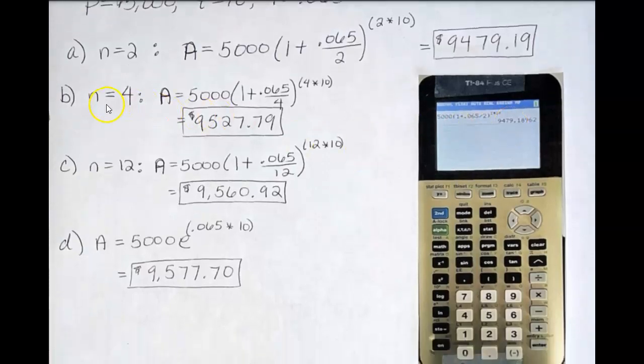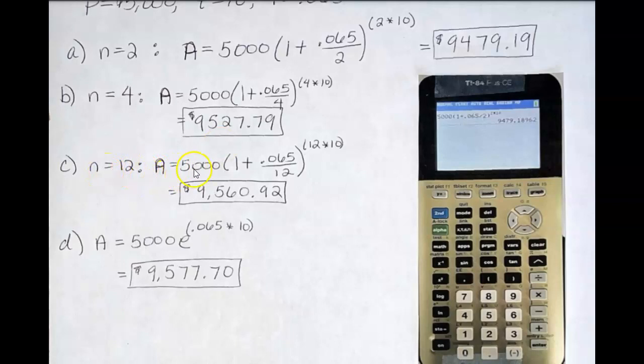All right, so if I move on to part B, for N equals 4, A equals, again, P is still 5,000, 1 plus interest rate, 0.065, we just change our N value to 4. And then in the exponent, this is N times T, so we're changing that N value to 4. And then press enter on that one, gives you $9,527.79.